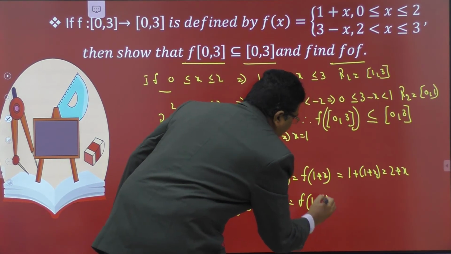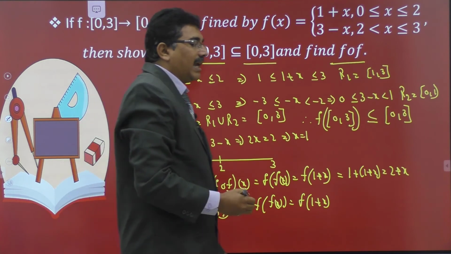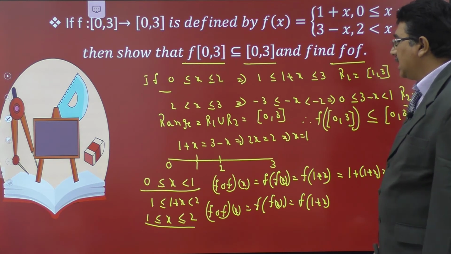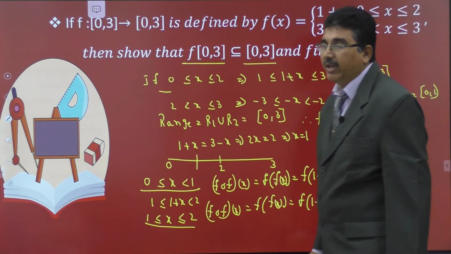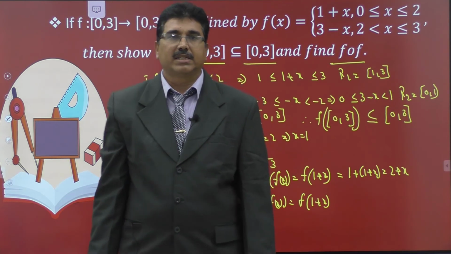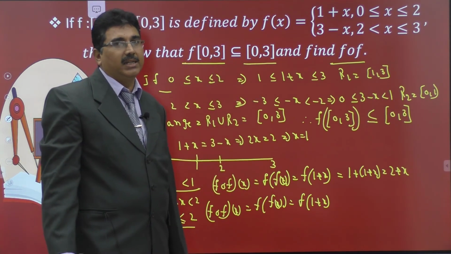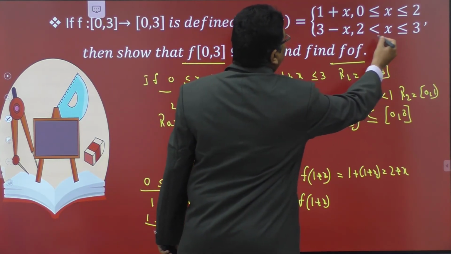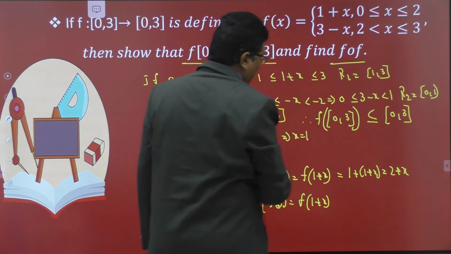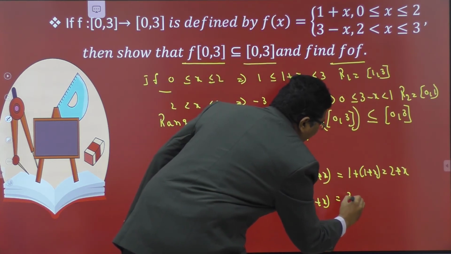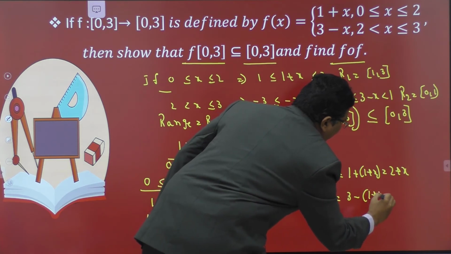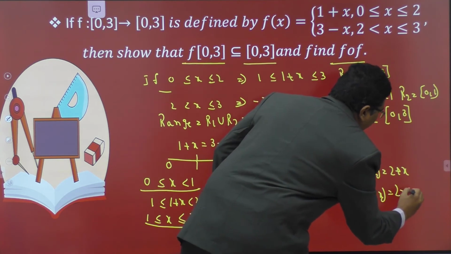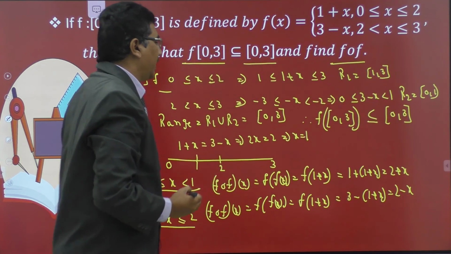Here x lies between 1 and 2, then 1 plus x lies between 2 and 3. So for 2 and 3, the image of this function is 3 minus x. This is equal to 3 minus of 1 plus x, that is equal to 2 minus x.